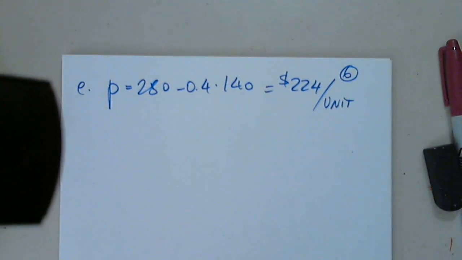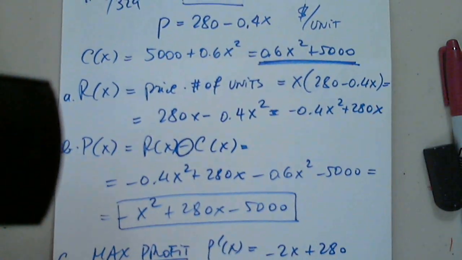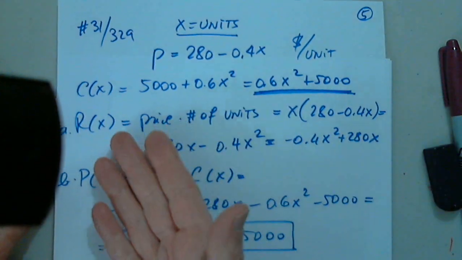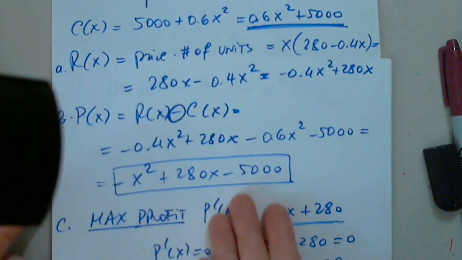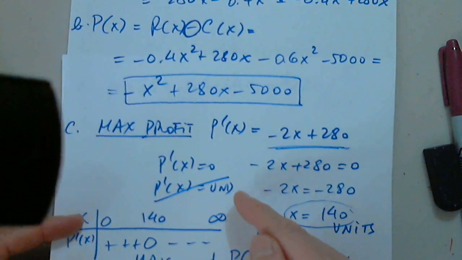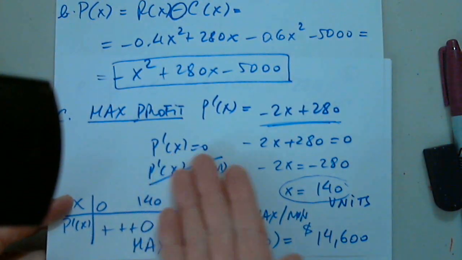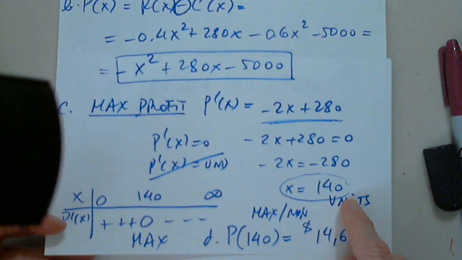So again, this is an application and a reinforcement of what we studied in this chapter. What is it all about? I have to have the function. I have to find its derivative. I have to set it equal to 0 and undefined. In this case, no critical number comes from here, but only the one critical number, 140.